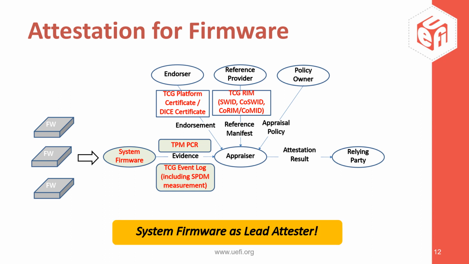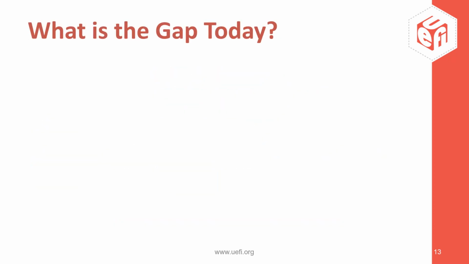So in this particular instantiation, the system firmware is the lead attester, meaning that all of the measurements are aggregated through the system firmware, which populates the results in the TPM. But there are some gaps today. BIOS is largely measured as a chunk, and maybe those chunks are separated into firmware volumes, but it's still considered a monolithic entity at the lowest level.